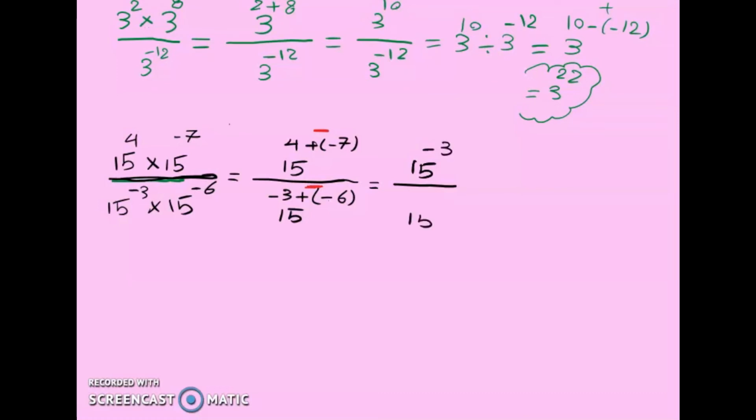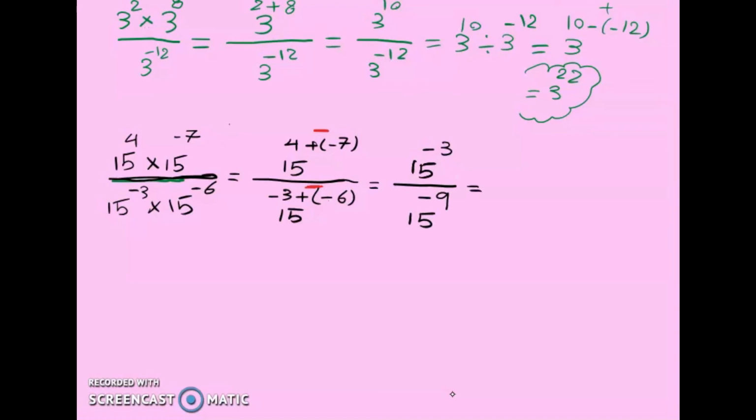In the denominator, again the base is 15, and negative 3 minus 6, because positive times negative is negative, would end up giving me negative 9, agree?